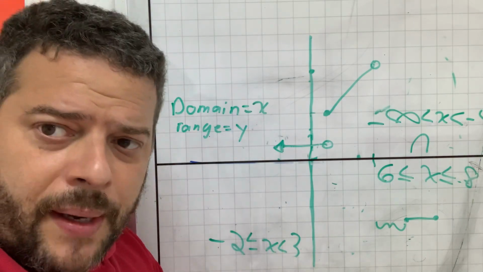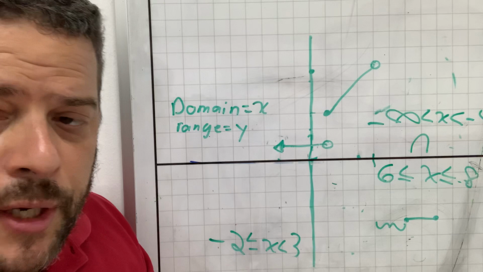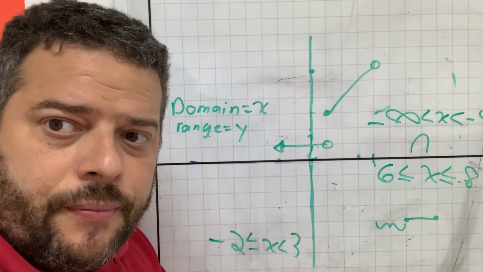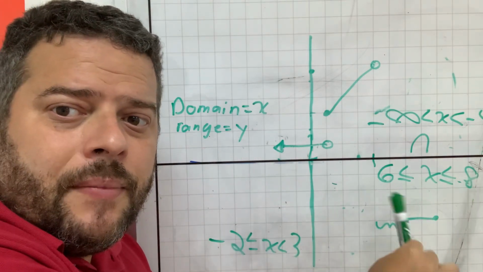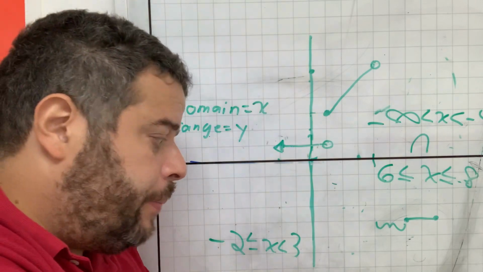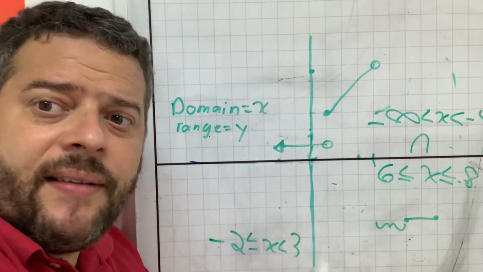Understand the concept of domain. Make sure you ask questions. Now, the second part is the range, which is exactly the same, only we care about the y values. And again, you can scan across. It's exactly the same.